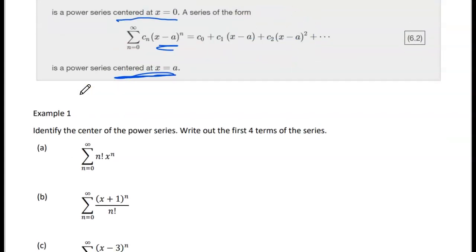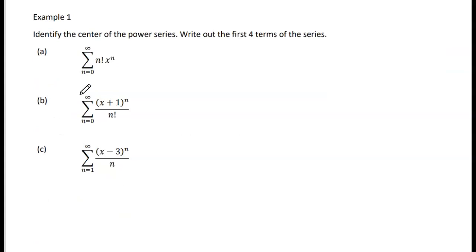So let's first just talk about center and how power series are going to work. Looking here at a, I have a series of n factorial and then x to the n. Since I don't have x plus or minus any number, I'm going to say that the center must be at 0. And then let's write out the first 5 terms. Now notice on this one, I'm starting at n equals 0. So my first term is going to be 0 factorial x to the 0. My next term is going to be 1 factorial x to the 1.